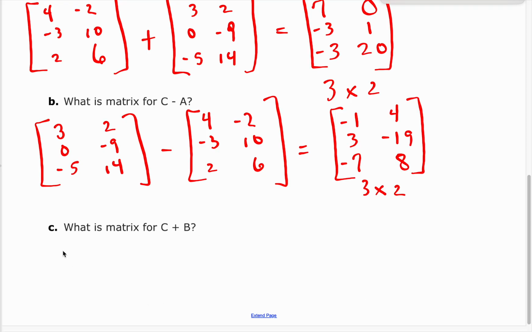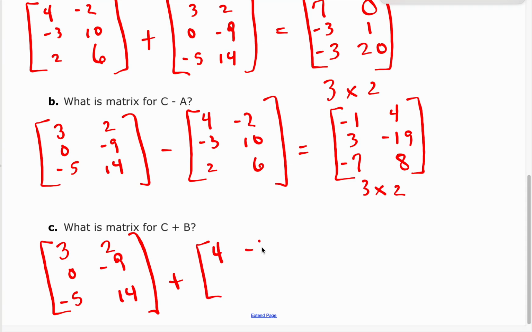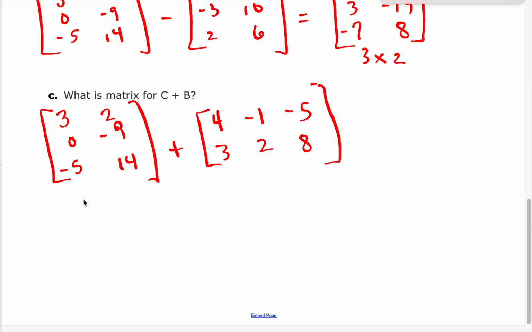Part C, we are going to take matrix C, which I'm going to write down 3, 2, 0, negative 9, negative 5, and 14. And we're going to add that to matrix B. And as we can see, we might have a problem because we're trying to add a 3 by 2 to a 2 by 3. And we cannot do that.